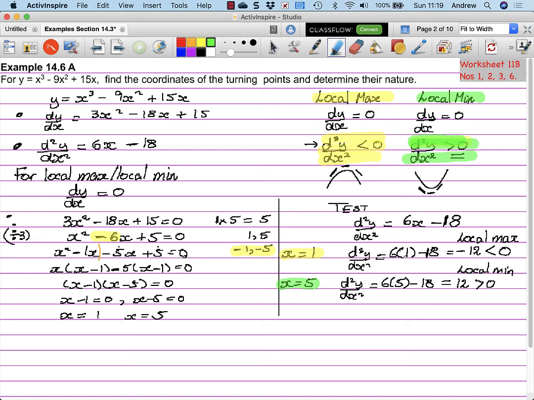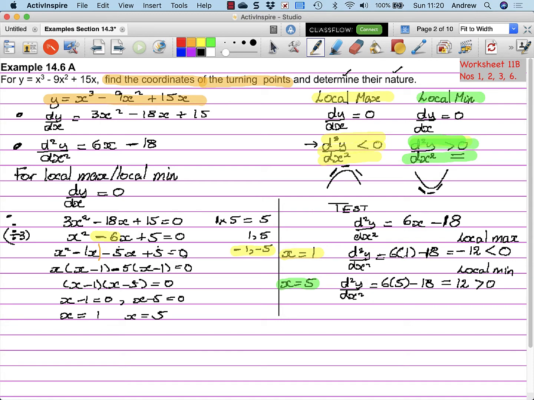Now the question did say quite clearly that we had to find the coordinates of the turning points, which means if we're finding the coordinates of the turning points, we need to find the corresponding y values in order to finish off this problem. At the moment, we have determined the nature, but we haven't got the y values.